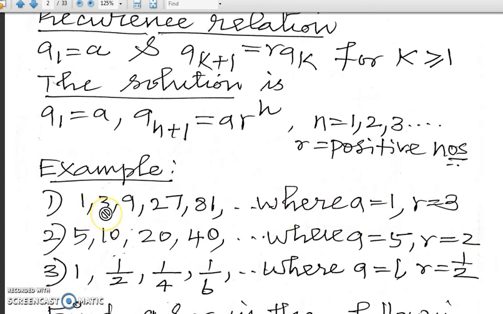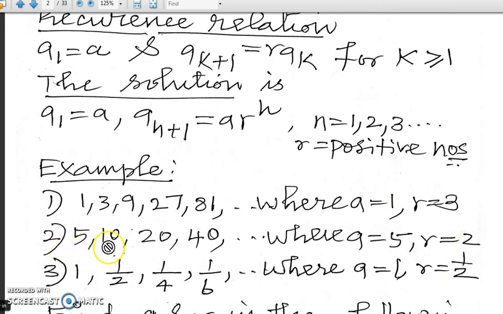These are examples of geometric progression. 1 times 3 is 3, 3 times 3 is 9, 9 times 3 is 27, 27 times 3 is 81, dot dot dot, where the initial element is a and the common ratio is r equals 3. Similarly here 5, 10, 20, 40, the initial element is a and the common ratio r is equal to 2.